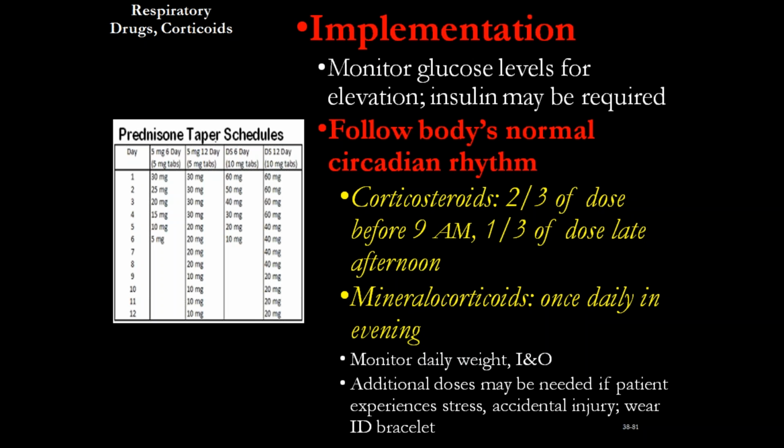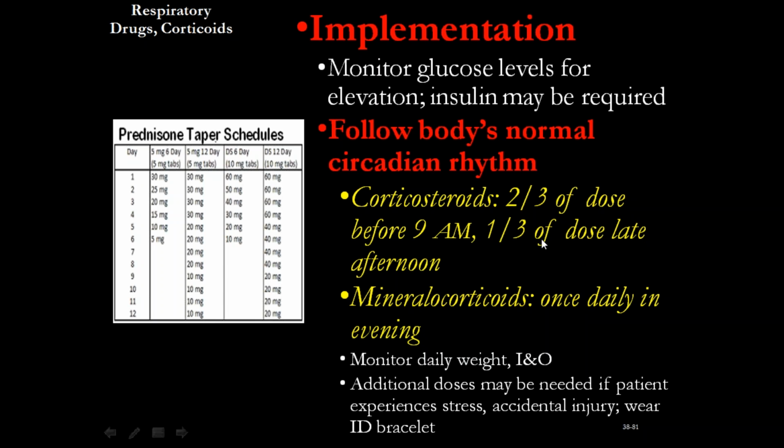Now, when you are giving corticoids as a therapy, you need to try to give an amount similar to the cortisol that is secreted normally, physiologically, in the body. That's why when you give corticoids by tablets, you give two-thirds, 66% of the dose, in the morning and one-third in the afternoon.